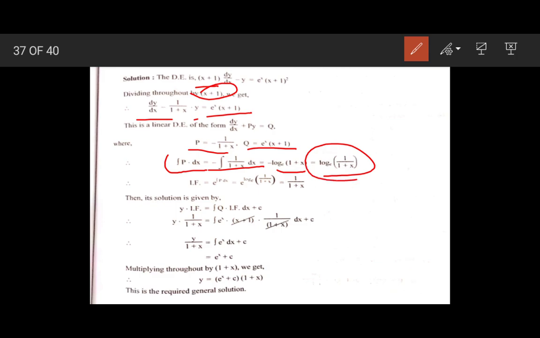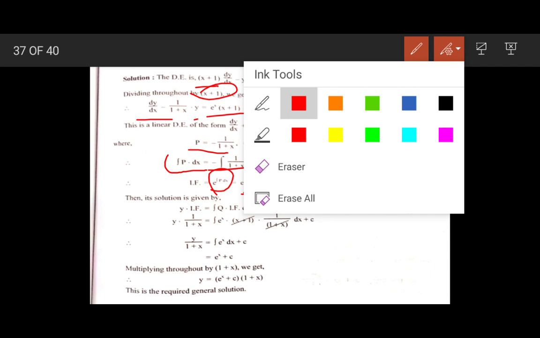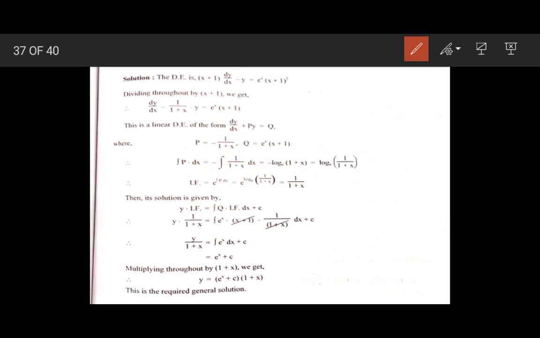So the integrating factor will be e raised to the integral of p dx, which is e raised to log 1 upon 1 plus x. Now again the base is the same, so log and e will cancel out, so that will be only 1 upon 1 plus x. So I got the integrating factor as 1 upon 1 plus x.